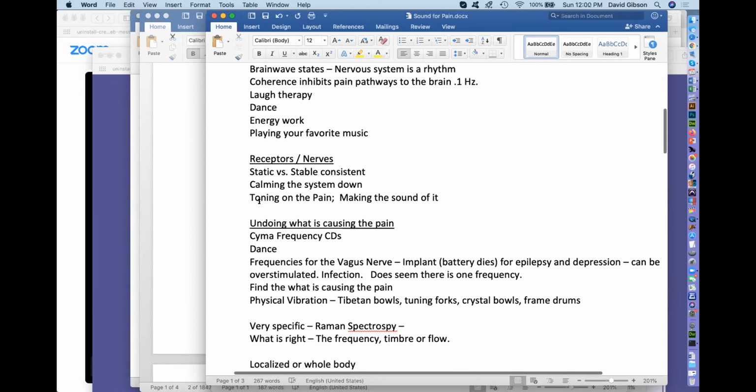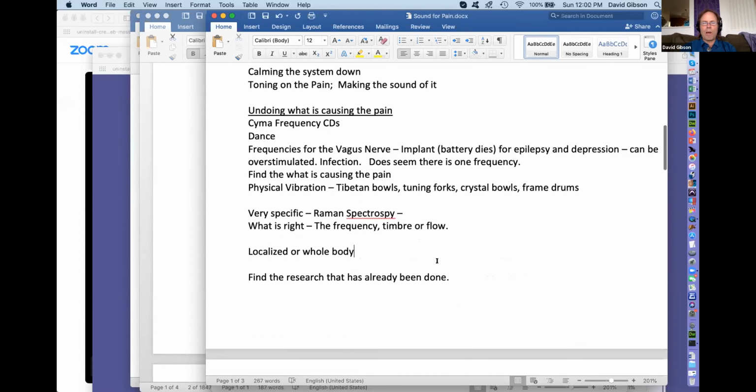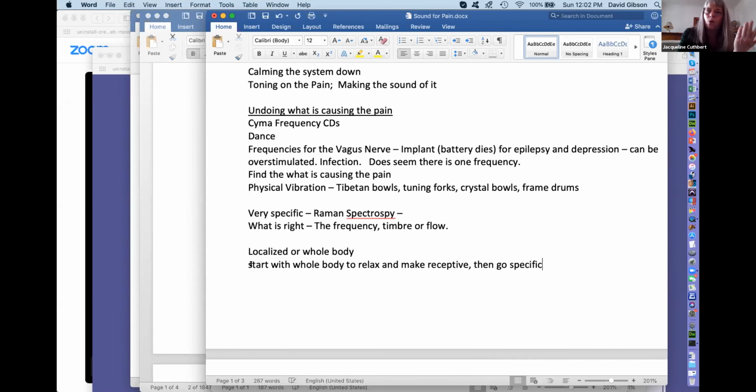Like the more frequencies we're putting into the body, and the more ways that we're bound to cover something. I like what Kat said in the chat: start with relaxing the whole body, then go specific. I think that might be important in the design of whatever research you take on, to consider localized or full body or both.